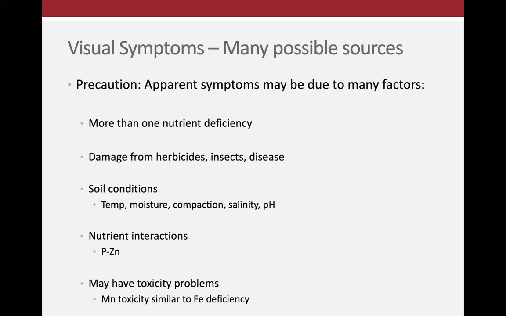Salinity, pH. Of course, there are nutrient interactions, and we'll talk more about these as we get into it, but an over-application of P can induce zinc deficiency, because these two nutrients compete for uptake into plants.